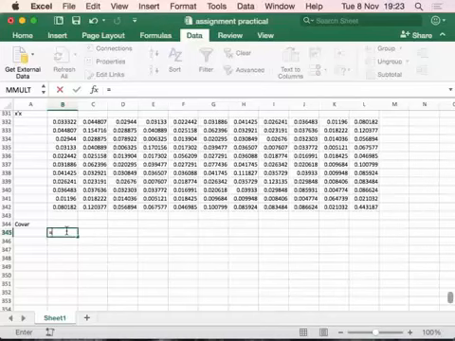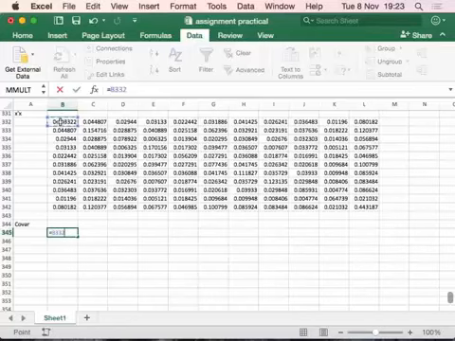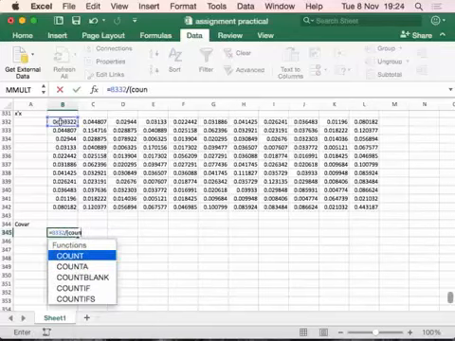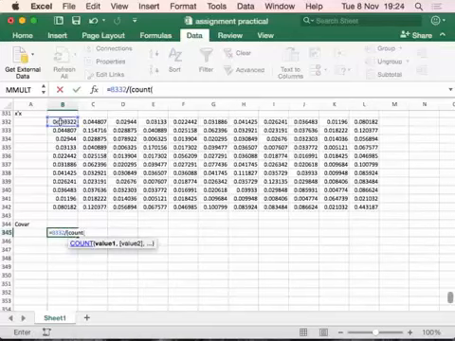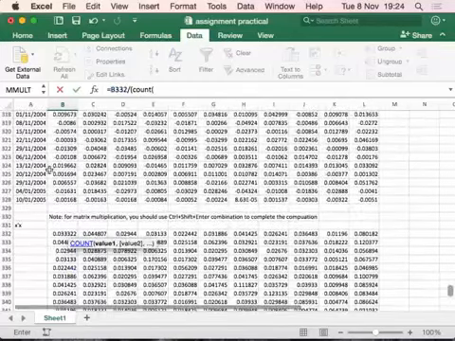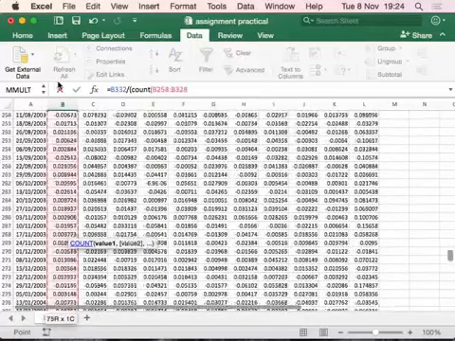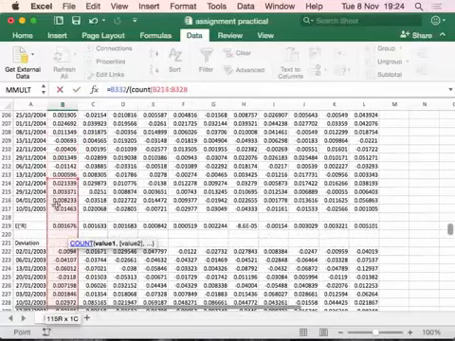Now all we need to do is divide by n minus 1. Then that will be this divided by n minus 1. So n is the number of observations that we had, the returns. So I will just use count, the function that counts the number of observations of the area that I cover. So I'll just cover this column and let it count.